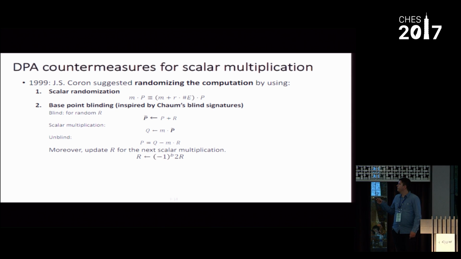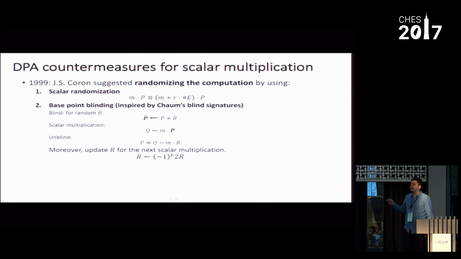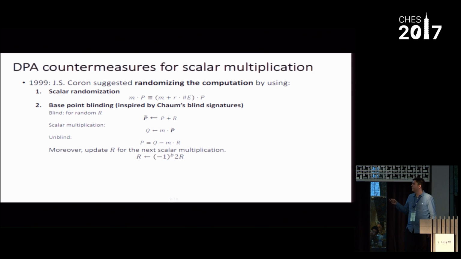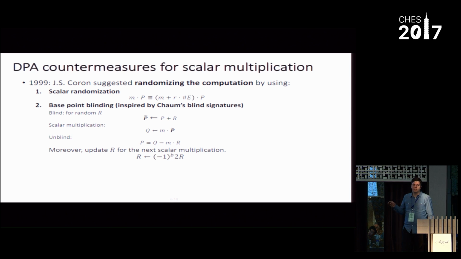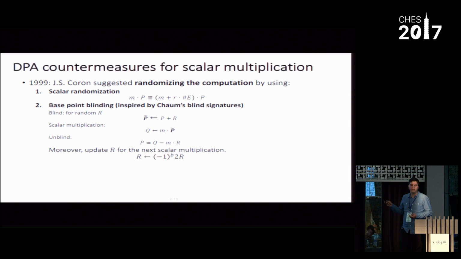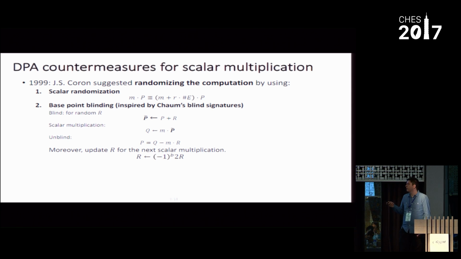So we need to store these 2 points, R and m times R, if you consider that you are using this secret many times. It's also good to make R unpredictable, so there's an update function for R: every time you do a scalar multiplication, you update R by multiplying it by 2 times minus 1 to the random bit b.